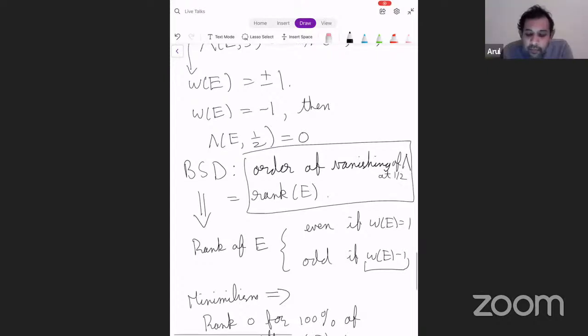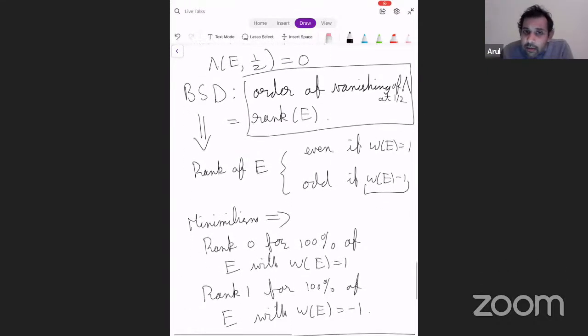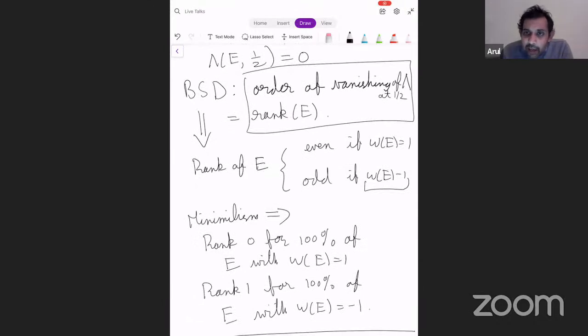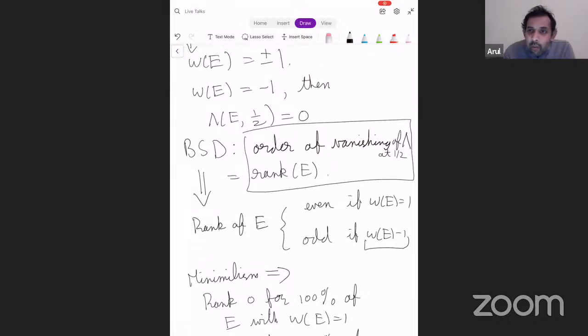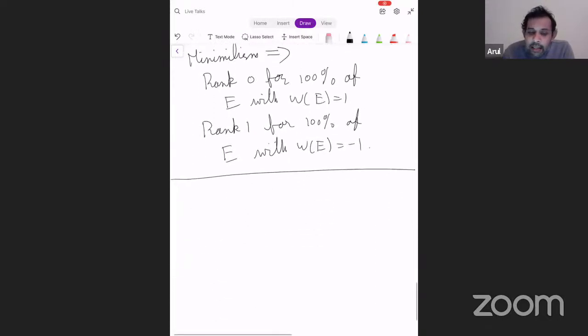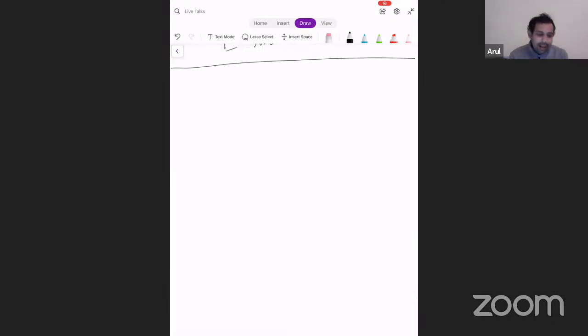That's an approach that's been used to great effect by Brumer, Heath-Brown, and Young. That's an analytic way to study the rank: instead of studying just the rank, you study the order of vanishing of this L function. Instead of that, I'm going to talk about an algebraic approach to studying the rank.